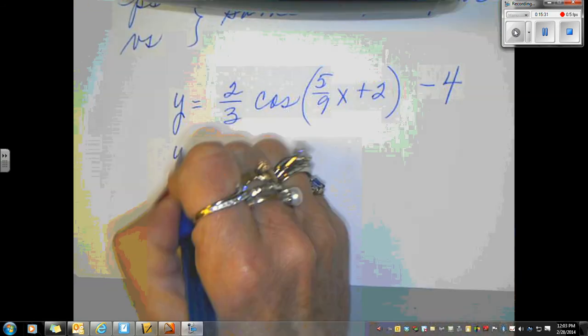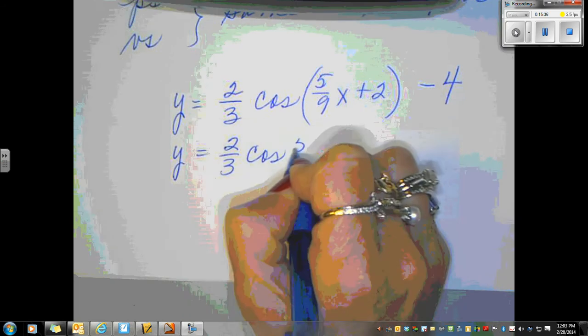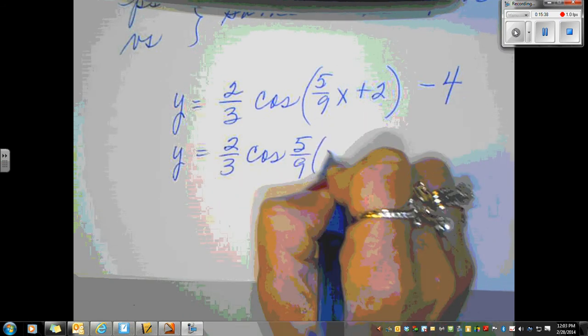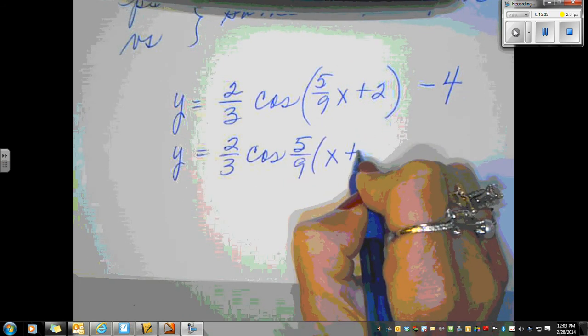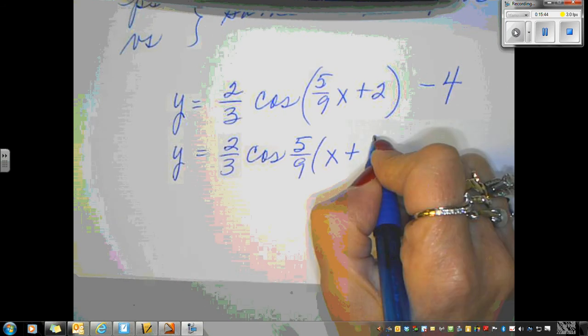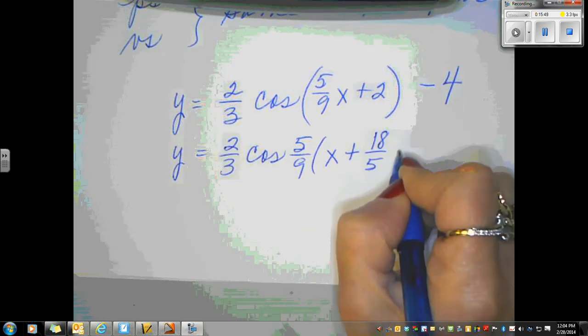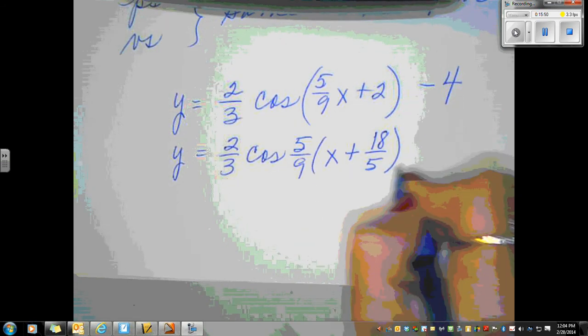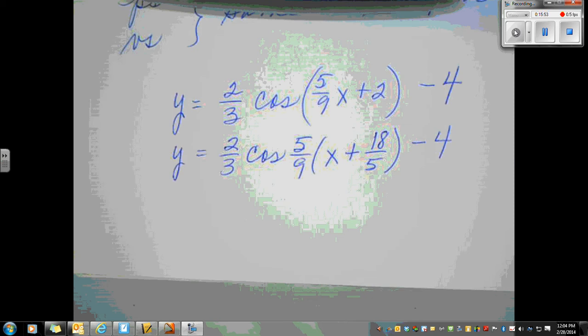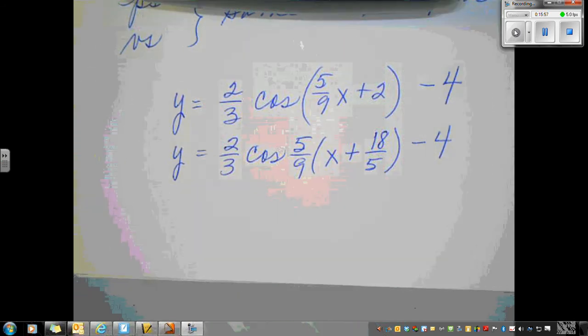I have to say y equals 2/3 cosine 5/9 times x plus 18/5. How did I get that? 2 divided by 5/9 is 18/5.